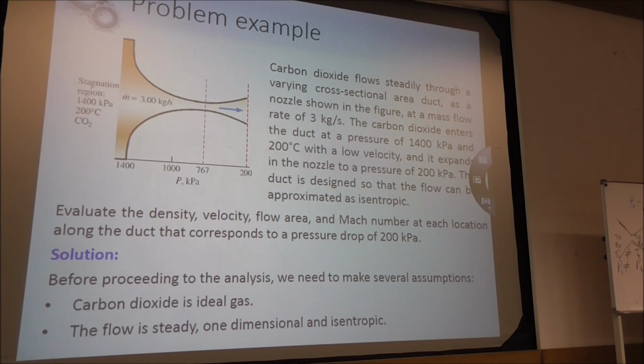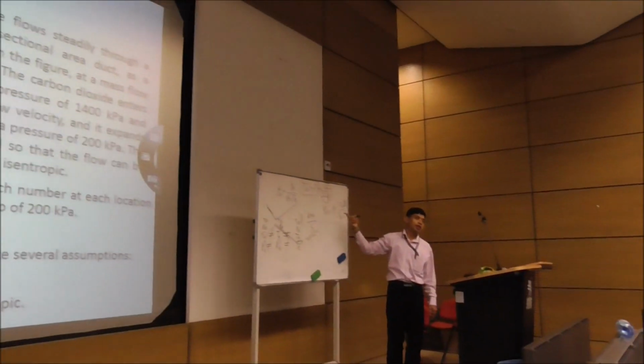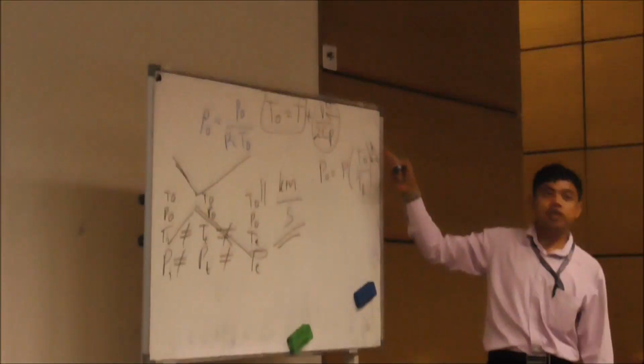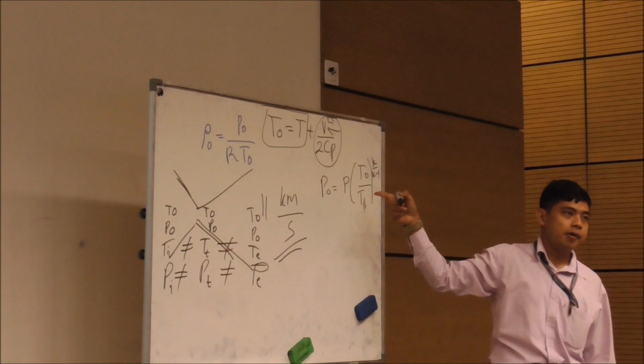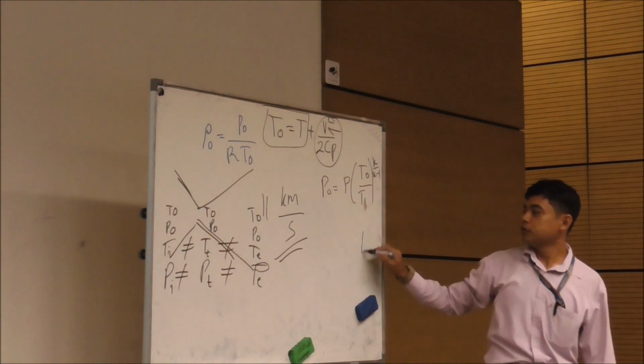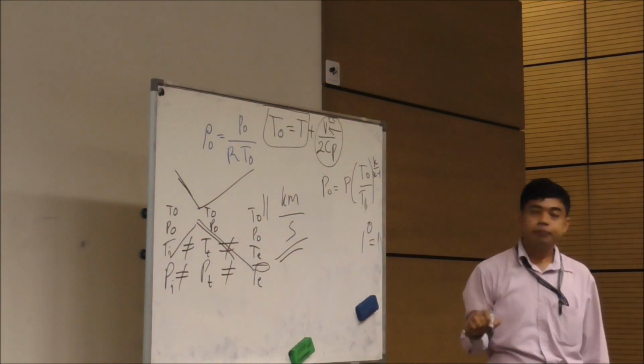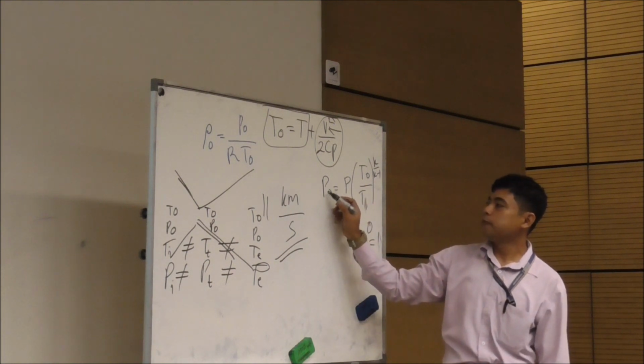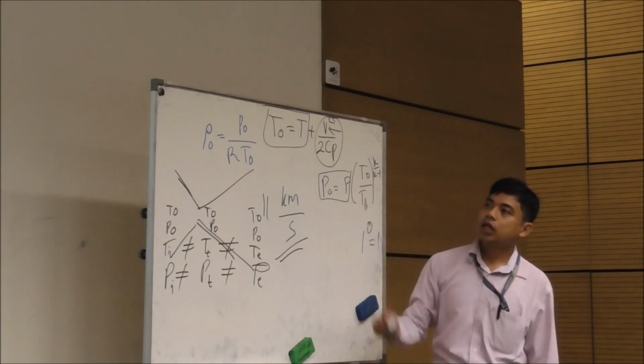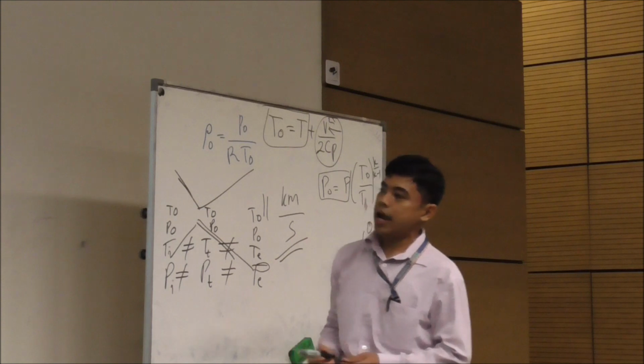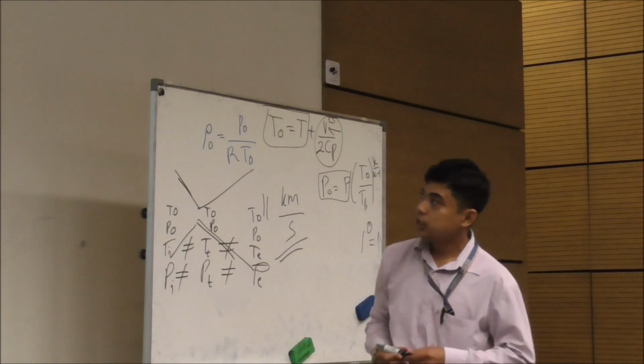Then the ratio is 1, and 1 to the power of whatsoever is still 1. Even if you power it to 0, it's still 1. So then you get P naught is equal to P, which means those conditions are your isentropic properties.